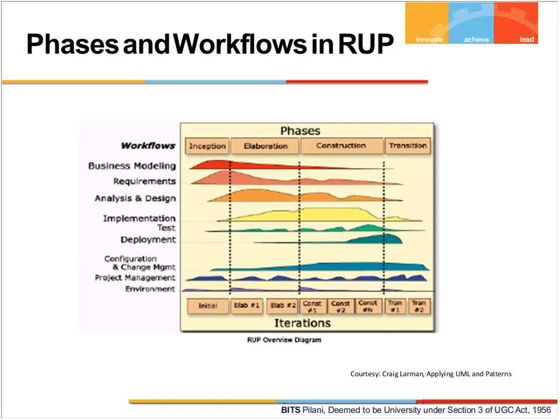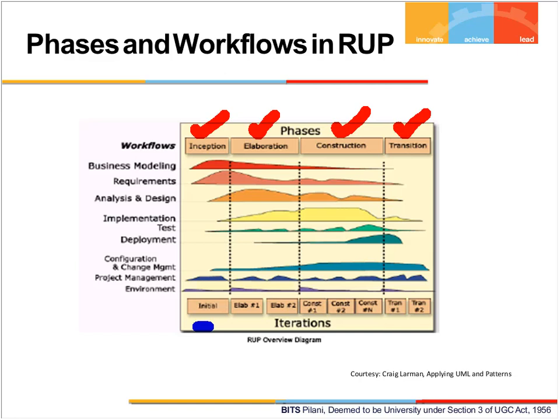Now let us try to understand what this process model tries to explain. It has a total of 4 phases: inception, elaboration, construction, and transition, right? Each phase is divided into iterations.